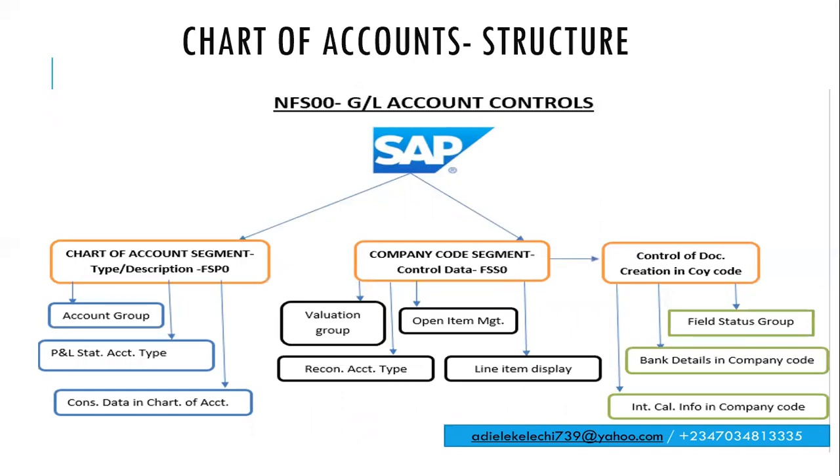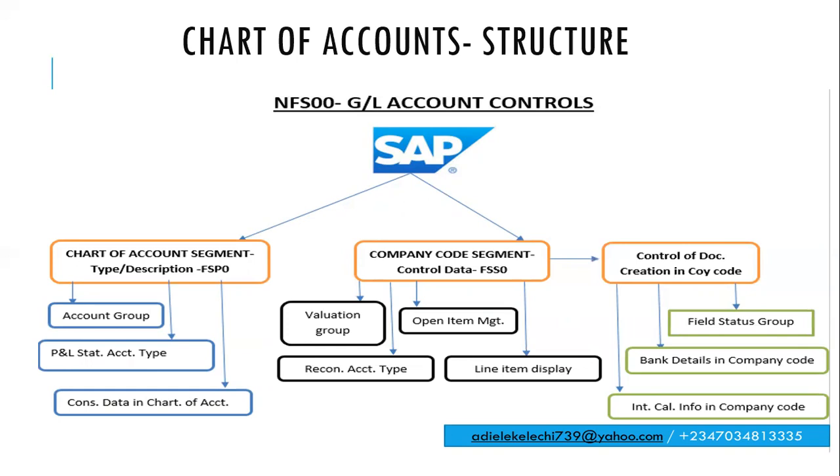This is courtesy of me. I'll just try to make it look presentable and explain it in the simplest terms. Your chart of accounts in SAP is divided into two major segments. The first is the chart of accounts segment, which is the segment that is created at the client level.